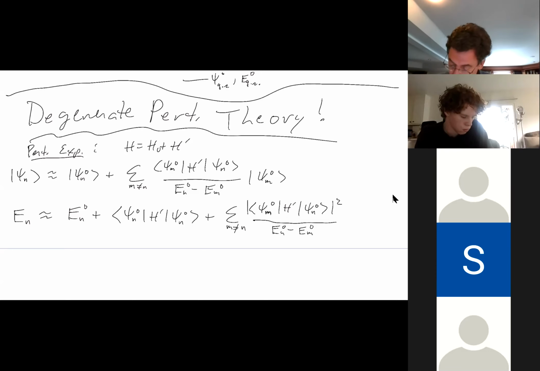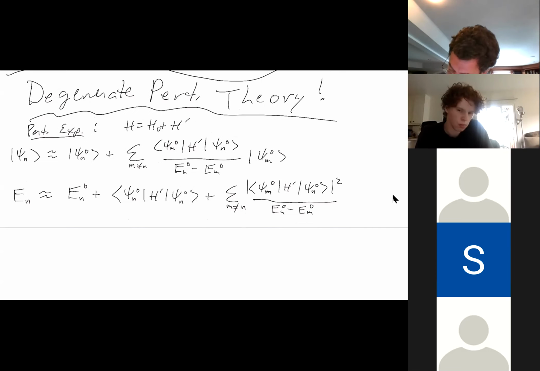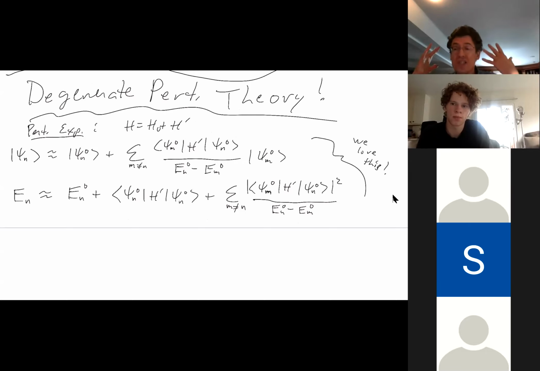Now, I just want to say that we love the perturbation expansion because it's so simple. If someone gives you some weird Hamiltonian H prime, you just plug it into these formulas, which are fairly straightforward to calculate, and from the unperturbed states you just get the answer.